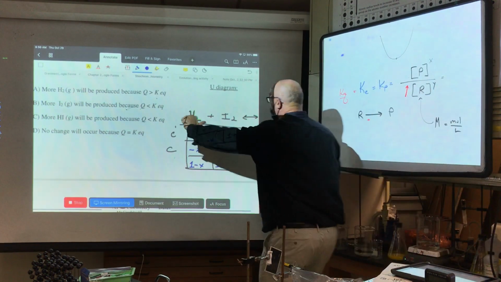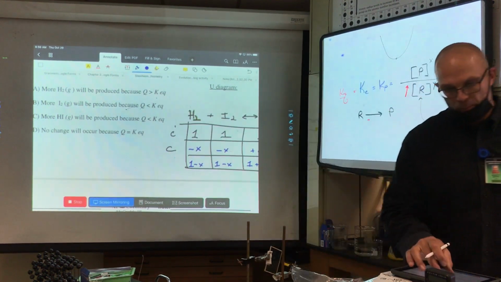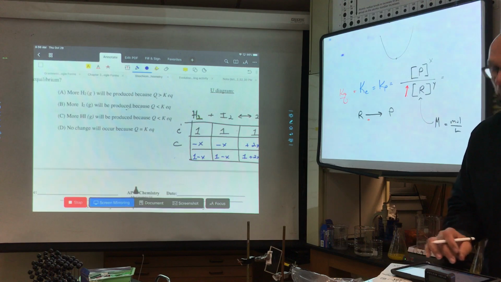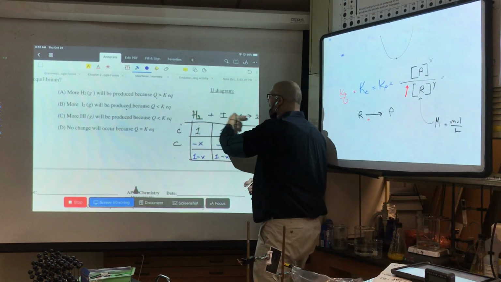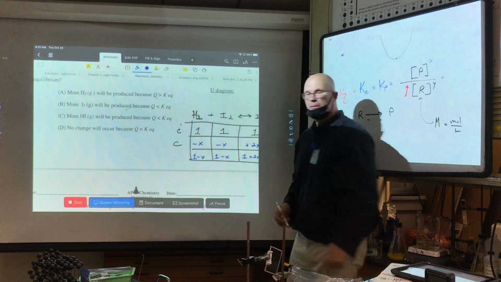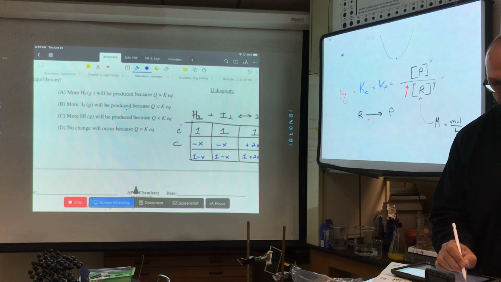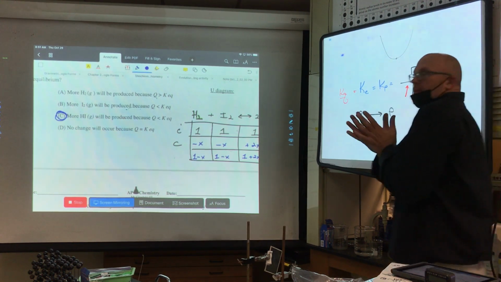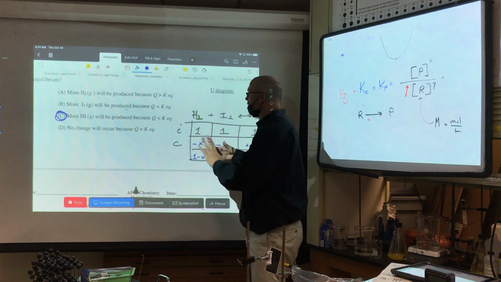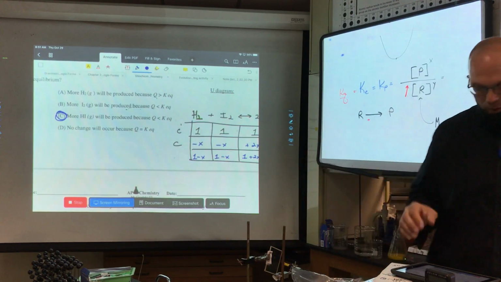No, it's going to move forward a little bit. So it's going to go down. More HI will be produced. Yes. We're going to produce more HI because we're driving it this way, or no change. So forget about Q versus K. There it is. C is the answer. Okay? I expect you to understand that much. I don't expect you to, we're going to do more of that Q stuff you won't see from me. Okay? All right, moving forward.